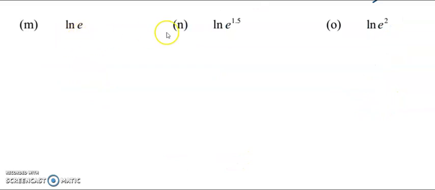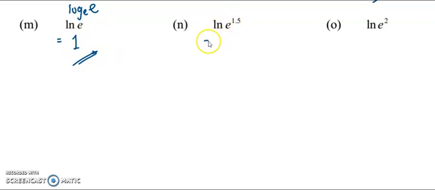So these are the last 3 examples in this video. I have ln e. The ln means log base e. So in this case, I have log e to the base of e, which, when this value is the same as the base, is equivalent to 1.